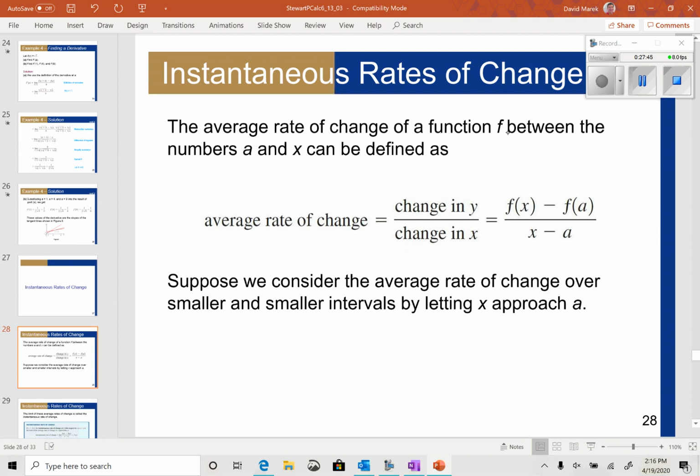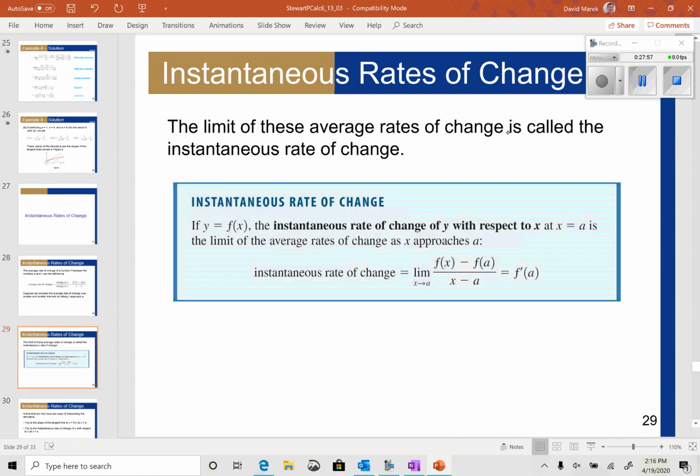Well, how can we tell the change in y? Well, you have to take f of x minus f of a. The change in x is going to be x minus a. That looks so familiar. This is another way that we define a derivative, the instantaneous rate of change.